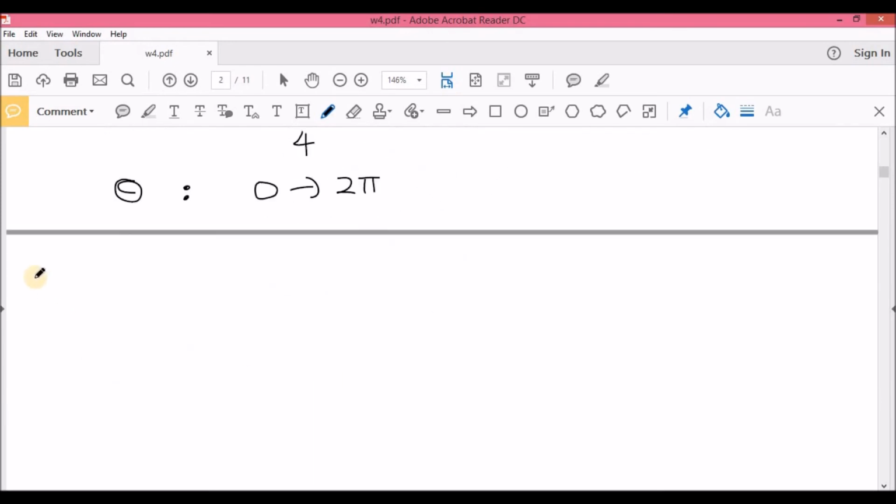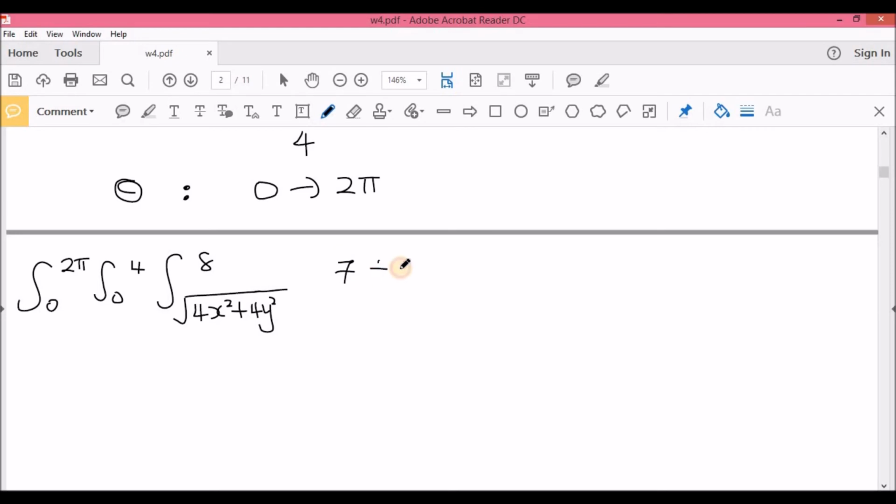Substitute into your triple integral: theta from 0 to 2 pi, r from 0 to 4, and z from the cone to 8, of 7 plus 14z dz r dr d theta. The lower limit has to be changed to the variable r, so it becomes 2r here.